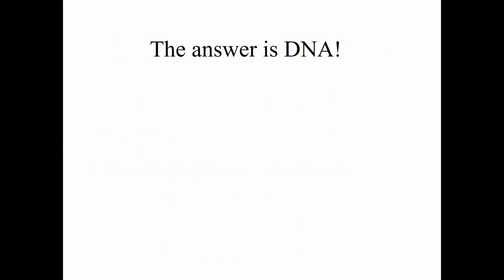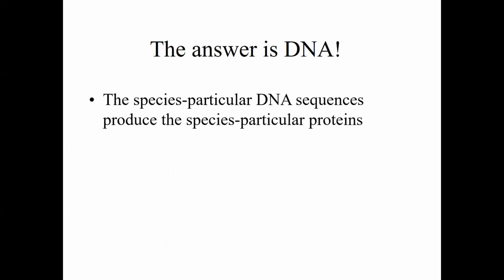How is protein synthesized? Protein is synthesized by the instruction of DNA. What is DNA? DNA is a nucleic acid, deoxyribonucleic acid. The species-particular DNA sequences produce the species-particular proteins. That means DNA sequences are unique for every individual.